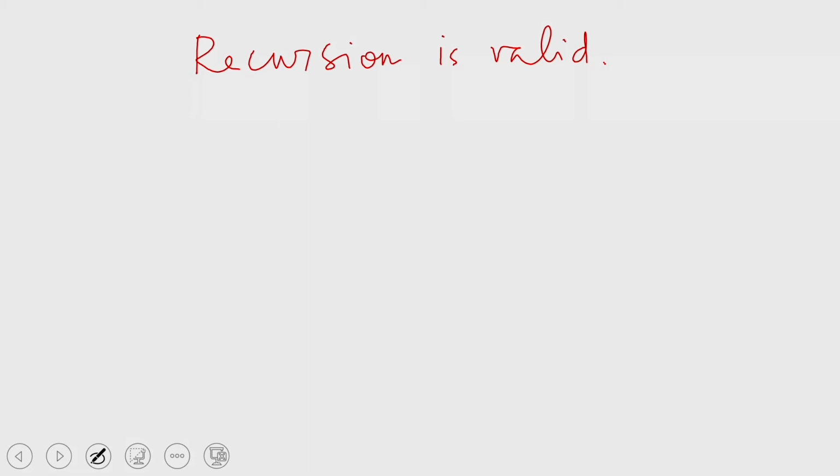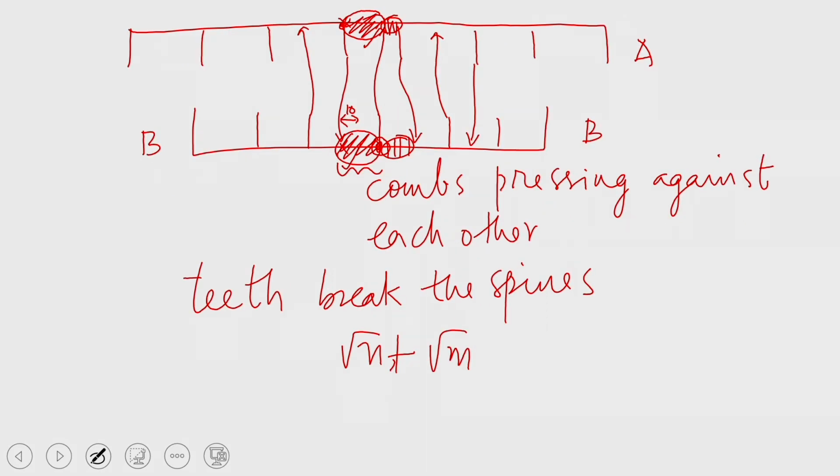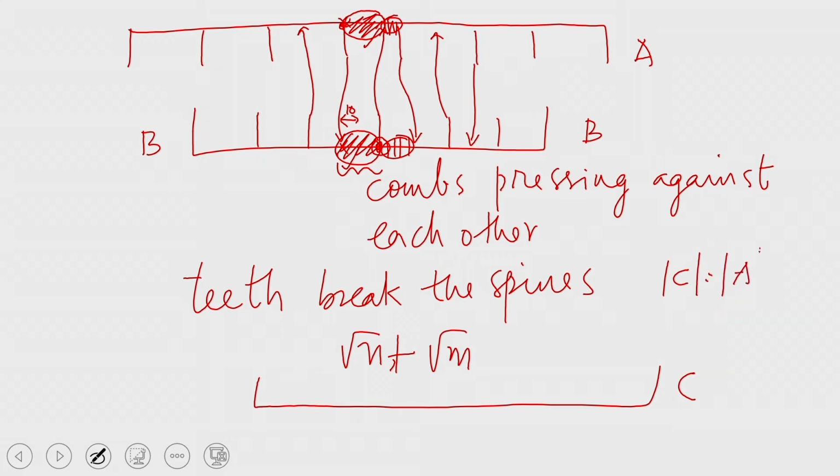And after the problem is recursively solved, that is, after the recursive merges are performed, the results have to be written in an array C, so that the size of C is the sum of the sizes of A and B. Now, the question is, how do we form C?